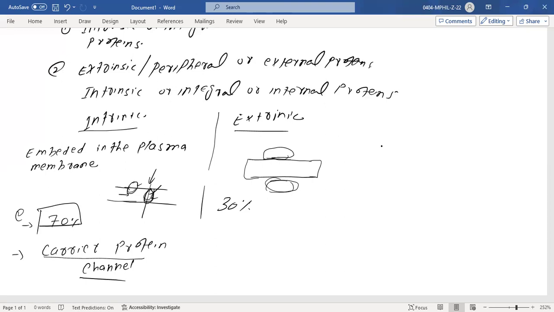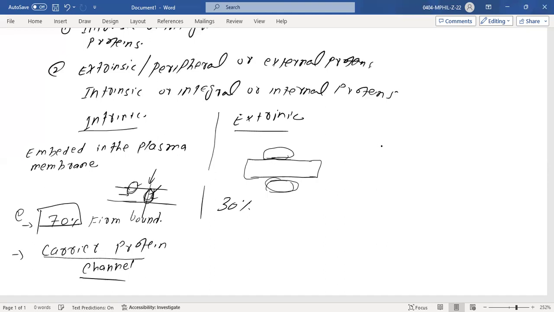So you can also use this concept for extrinsic proteins as well. In this case, we said there is a firm attachment or firm bond with the lipid bilayer.